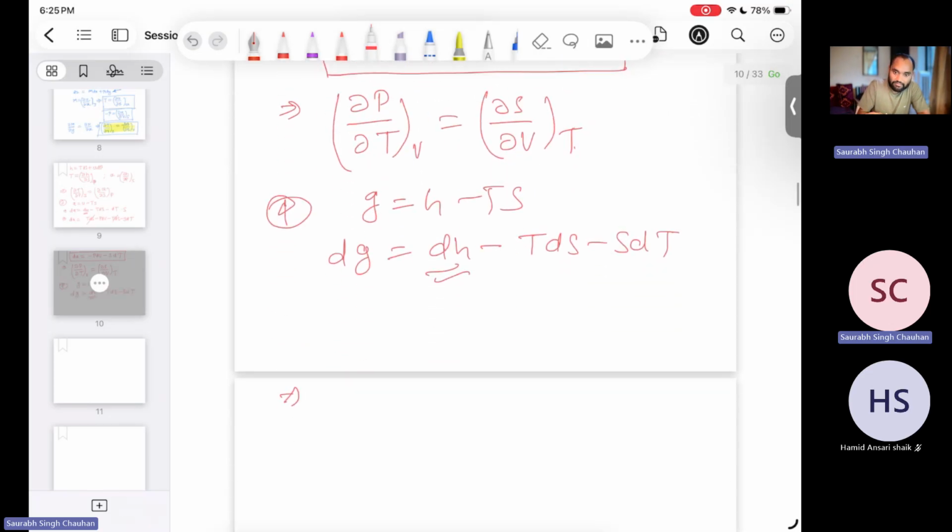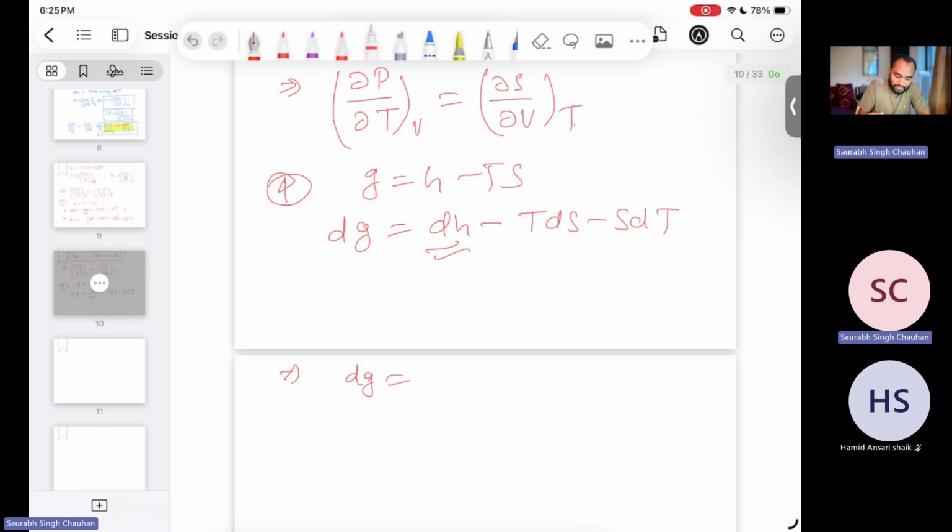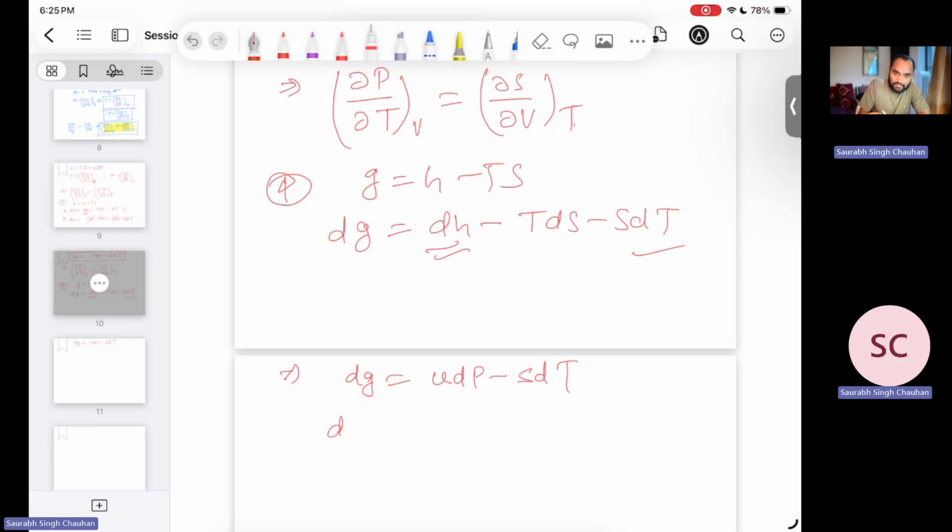Then finally we will get dG equal to VdP minus SdT. And if you apply the exactness condition, you will get the partial derivative of V with respect to T at constant P equal to minus partial derivative of S with respect to P at constant temperature. This we got by using the exactness condition.